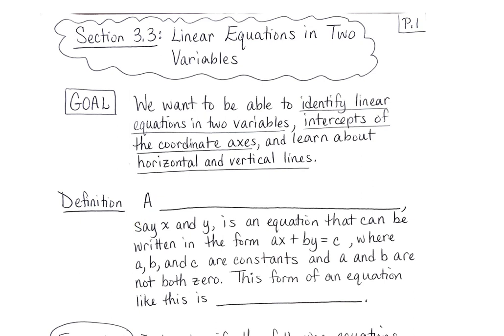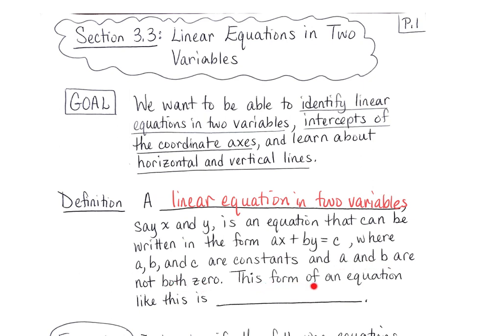A linear equation in two variables, say x and y, is an equation that can be written in the form ax plus by equals c, where a, b, and c are constants, and a and b are not both zero.